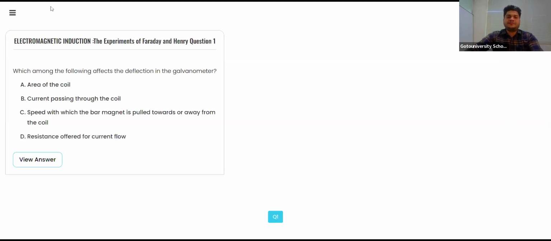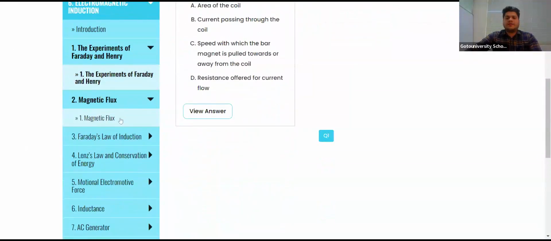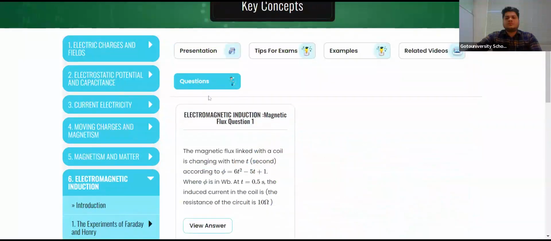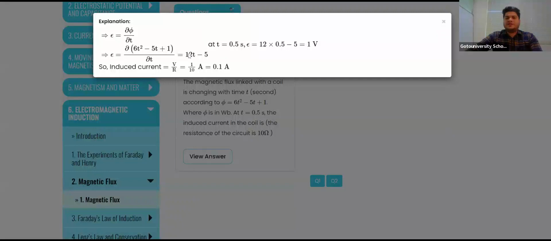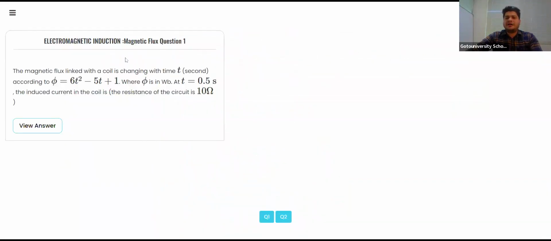The next question is a structural question and it can be asked. This type of question is very important in your examination.